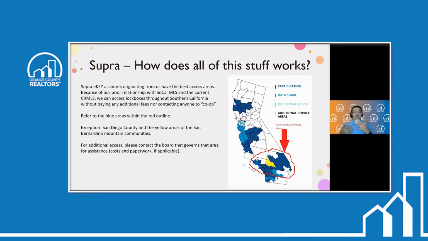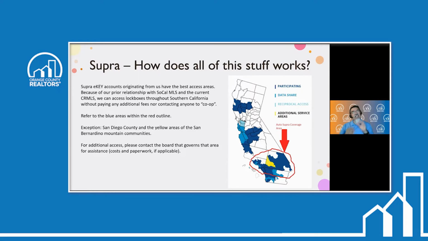Unfortunately, when you walk up to a property over there, sometimes you'll see two lock boxes, one for CRMLS users and the other for the mountain regions. So just want to give you a heads up in case you want to take care of any clients up there. And also, further north, if you have to take care of clients in, say, Fresno or those areas, you have to be comfortable with the word co-op or reciprocate.